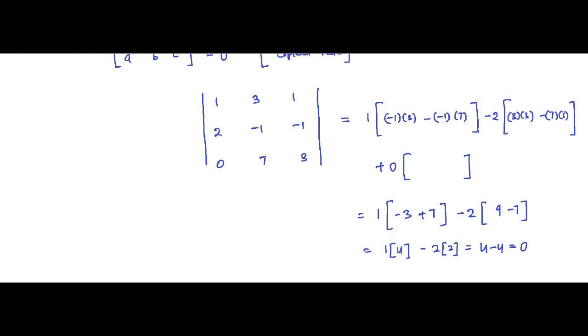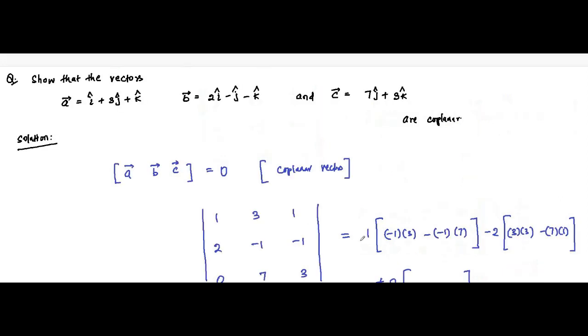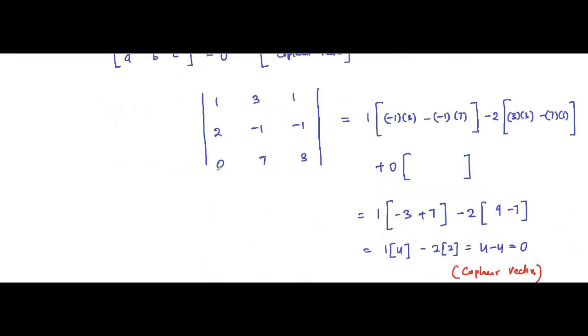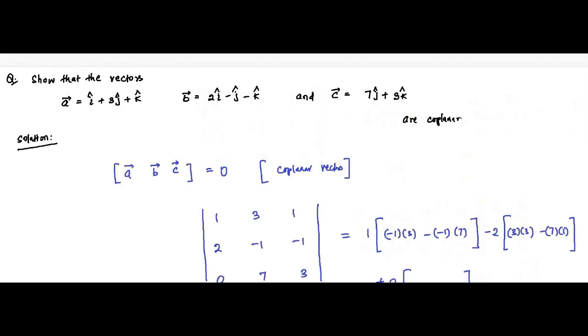As the scalar triple product is equal to 0, it means the vectors are coplanar. So here, in order to save time, you should always follow that column and that row where there is a 0, because the calculations will become short. Always use this trick.